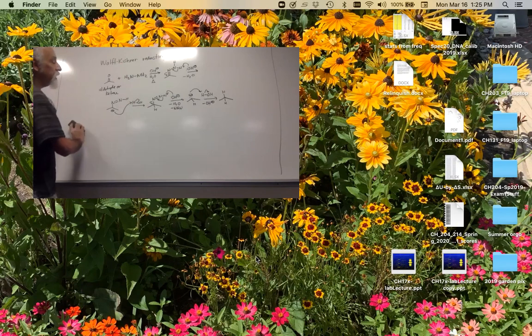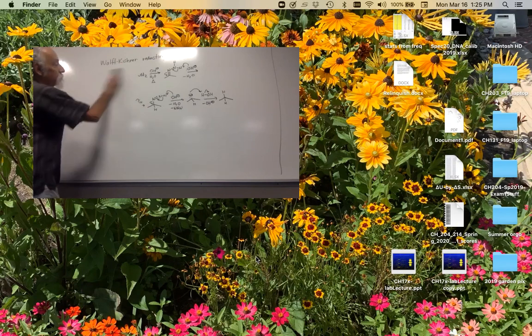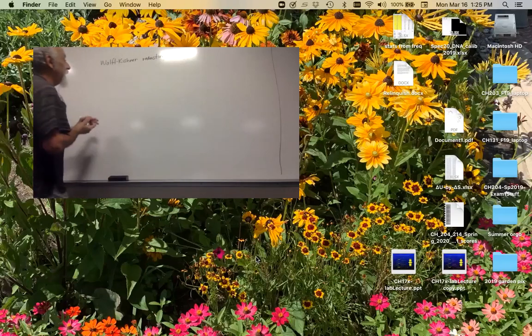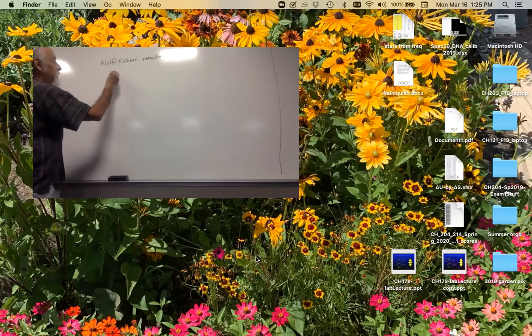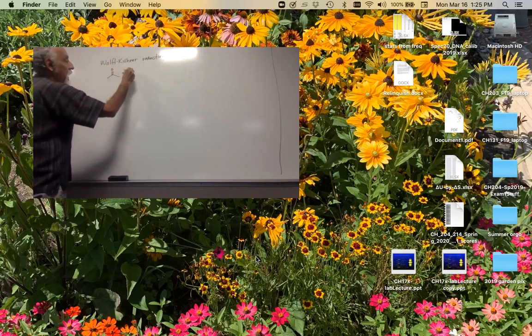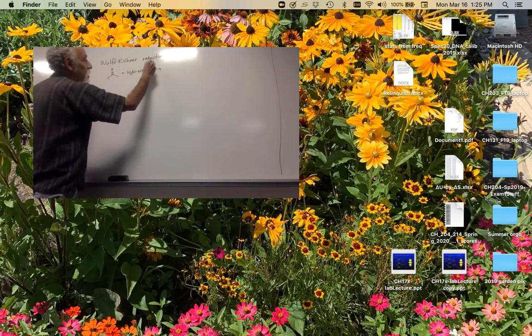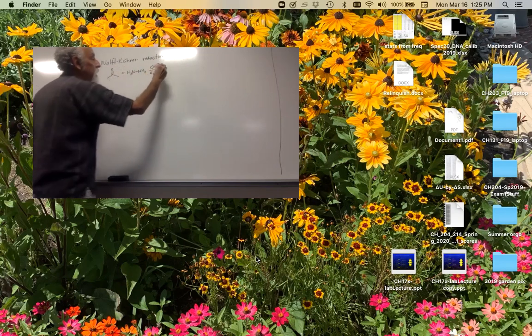All right, so I'm going to erase this and just summarize up here. Aldehyde or ketone plus hydrazine plus OH minus, water and heat.